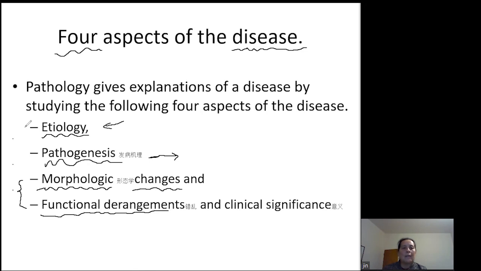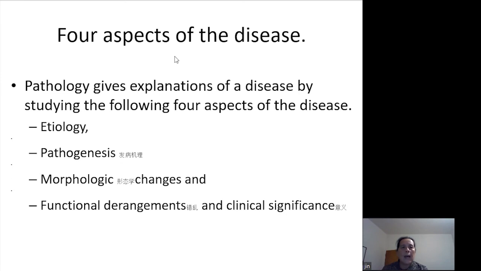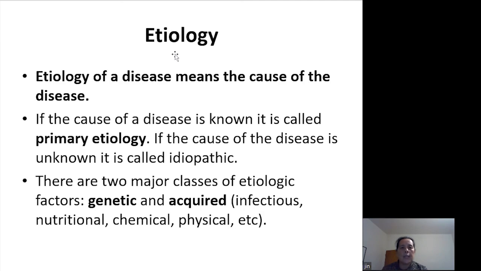So together we have four aspects we study for the illness: what caused the illness, how the illness develops, and what kind of changes happen during the illness, including the shape changes and the function changes.